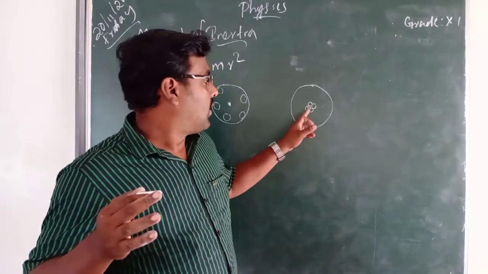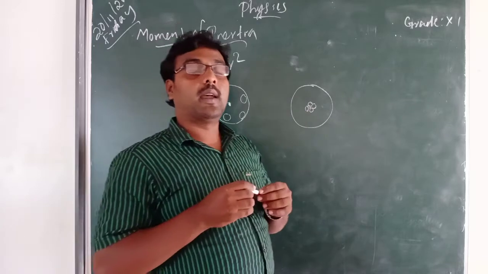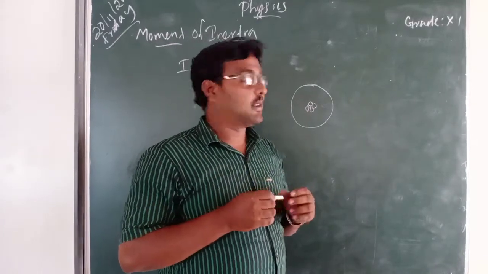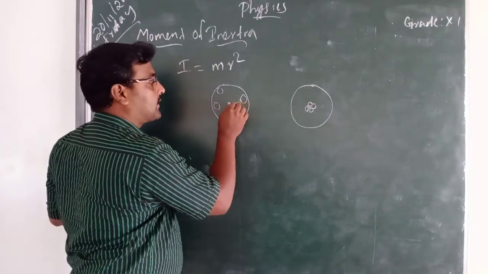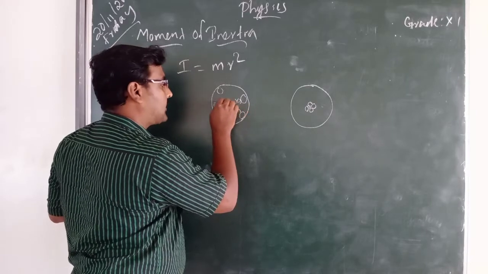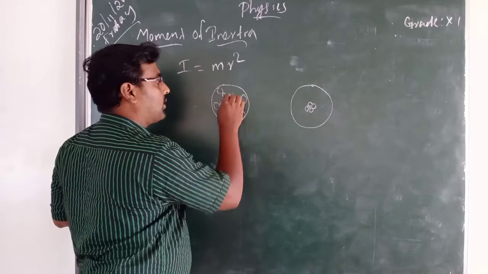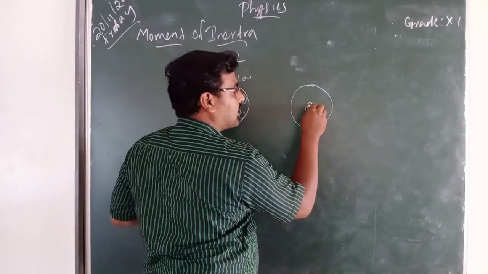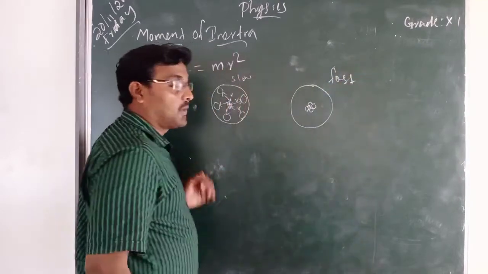The disc where the particle is closer to the axis will rotate faster. This distance is r. Here the distance is more, so it moves slowly. Here the distance is less, so it moves fast.